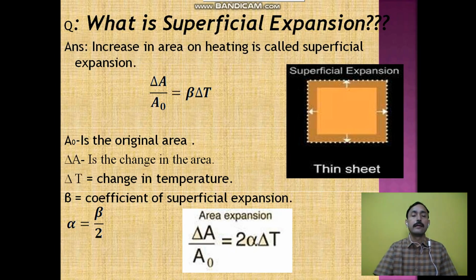So if we write A minus A naught as the change in surface area, it is proportional to the original area A naught. Again, A minus A naught is proportional to T plus delta T minus T. Thus, we can write A minus A naught is equal to a constant of proportionality, that is beta, into A naught delta T.